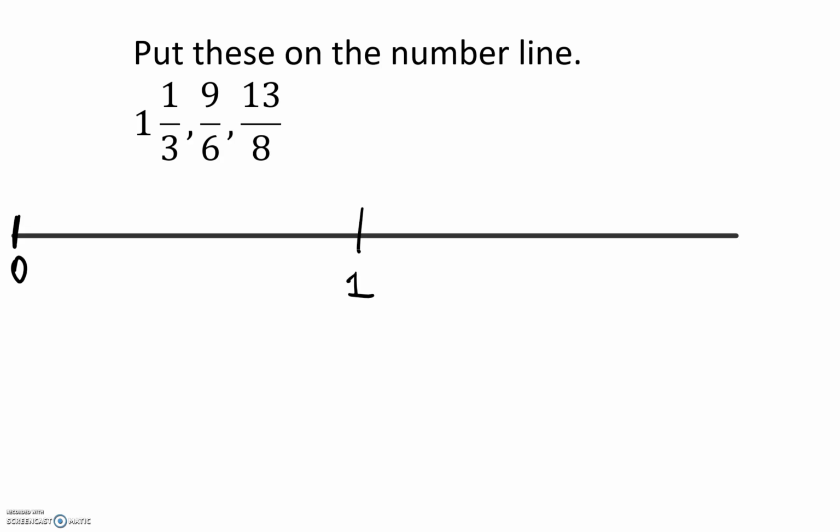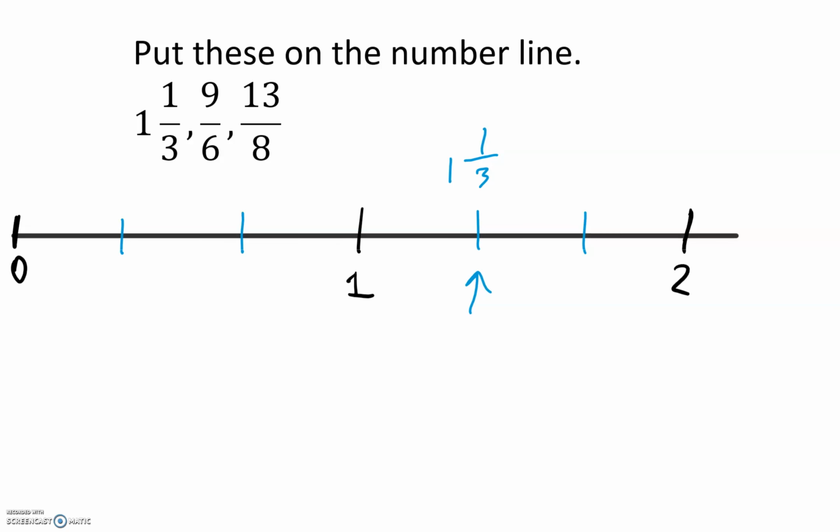And let's go to 2. So it's not a very long number line, but we're going to get the idea here. So in the first set, let's think about the first number. We need it in thirds, right? So let's split this into thirds. All right, so if we think about 1 and 1/3, I'm going to start at 1, and I'm going to add 1/3. So this is 1 and 1/3.